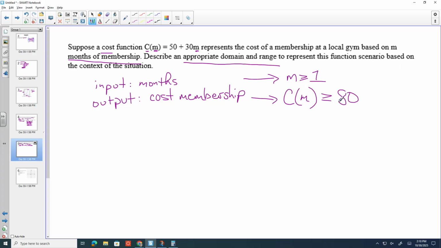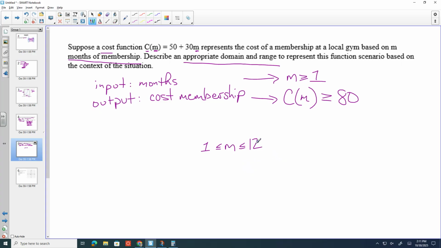Now, some of you might have said that there's a limit, right? So for instance, one student I encountered said, okay, well, it's definitely going to be 1 or higher, but they're probably not going to do it for more than 12 months at a time in the contract. And that makes sense. You typically sign a contract for a membership at a gym for a year.